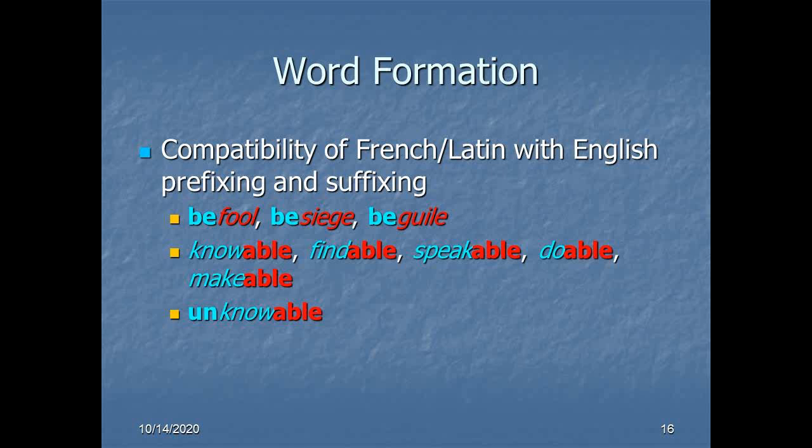And we can even take a single root and add affixes of both French and English origin. So, for example, unknowable. And again, these affixes coming out of French have been so completely assimilated into English that there is no detectable difference really between them and native English affixes.